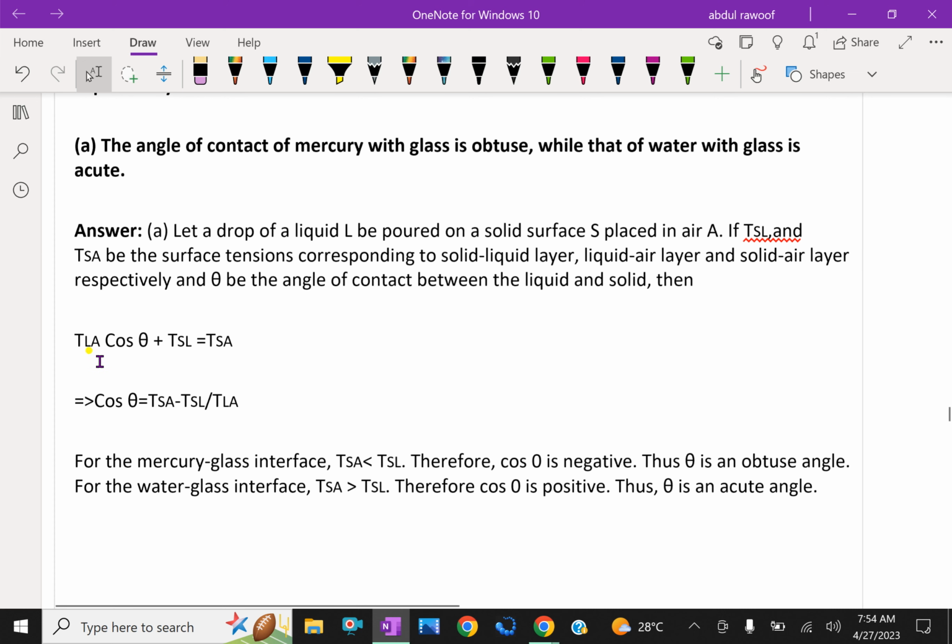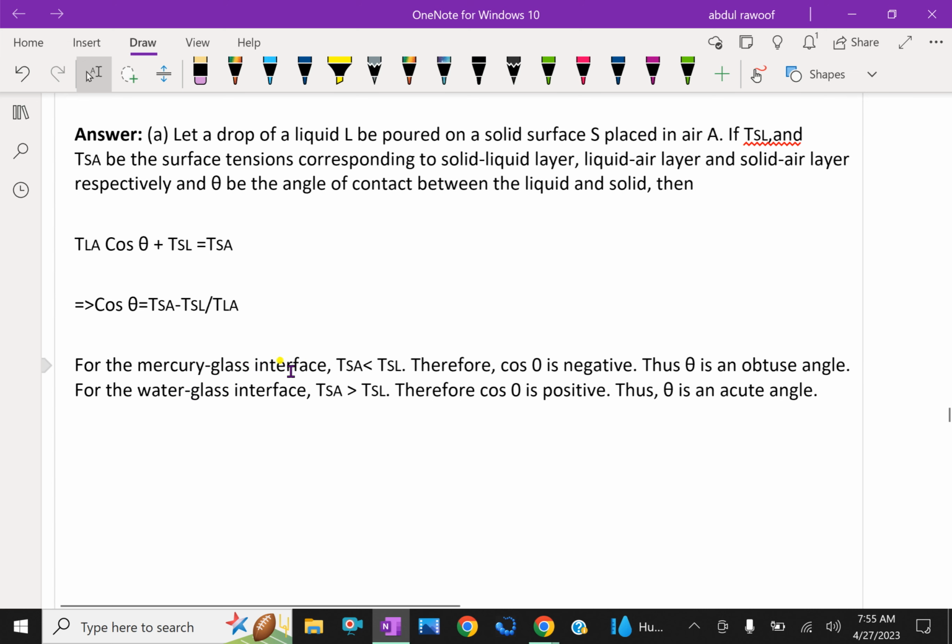We know the formula: TLA, the liquid-air surface tension, times cos theta plus TSL equals TSA. From that we get cos theta equals TSA minus TSL divided by TLA.